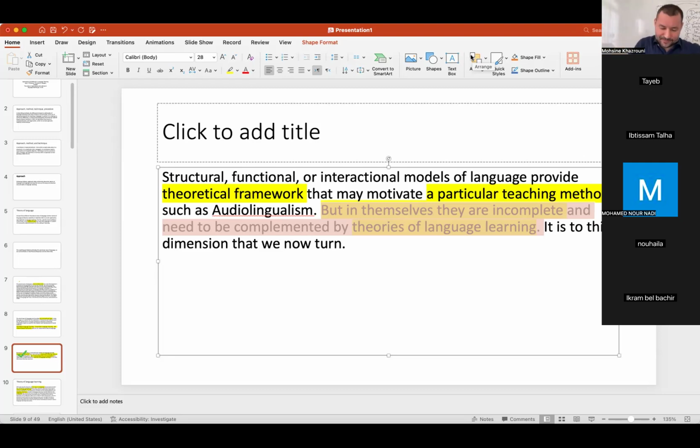Go ahead, Nuhaila. I didn't hear what he said. Okay, Tayyib, would you like to summarize for her in a few sentences? Just some activities the teacher used to do in teaching English in your secondary school classrooms.